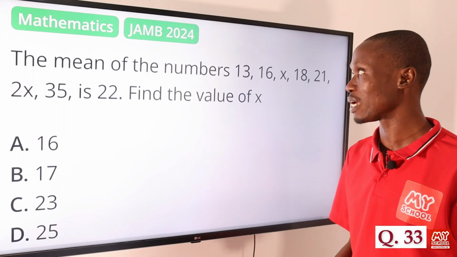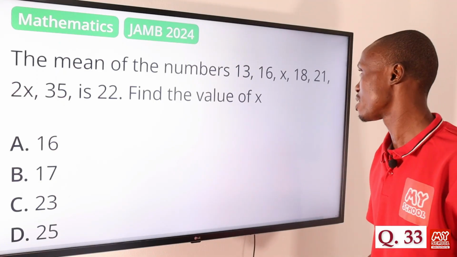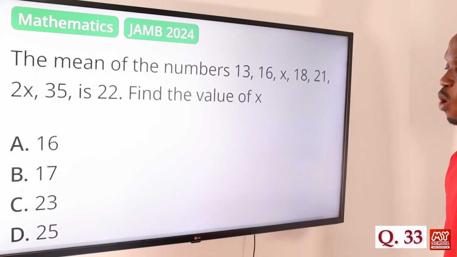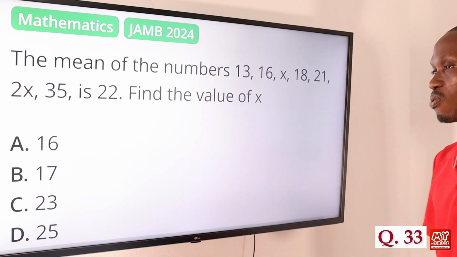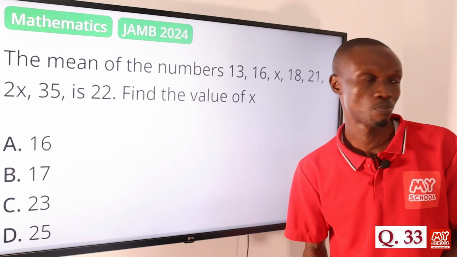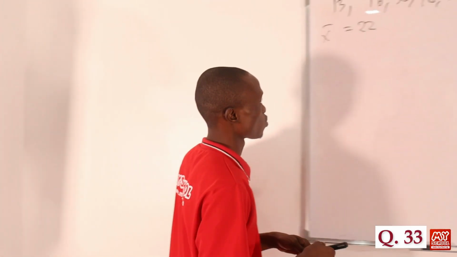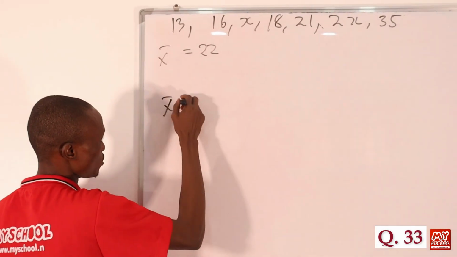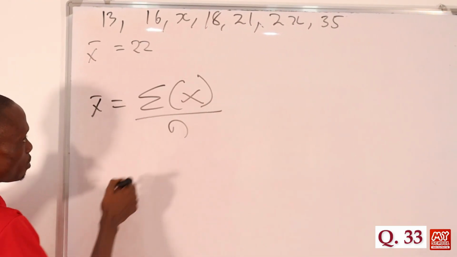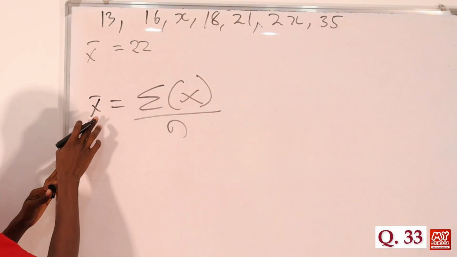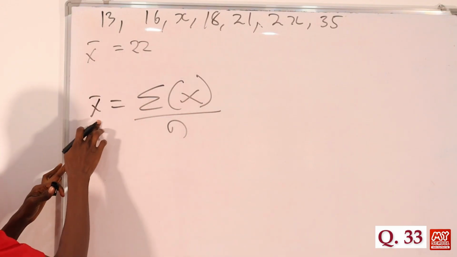Question 33. The mean of the elements 13, 16, x, 18, 21, 2x, 35 is 22. Find the value of x. So let's move over to the board to provide the answer to this question. So we know that mean x bar is equal to summation x divided by n, right? But in this question, we have been given the mean of the values to be equal to 22.